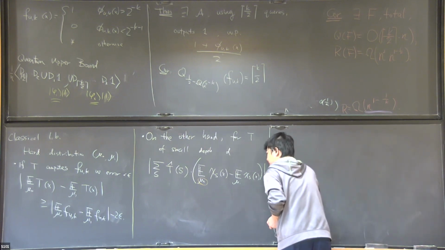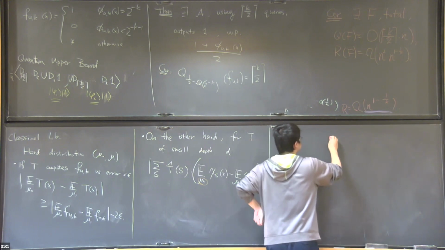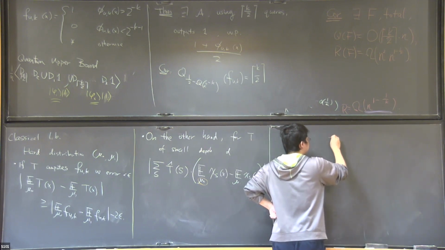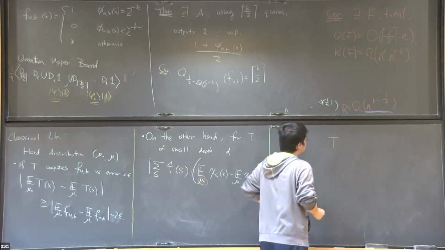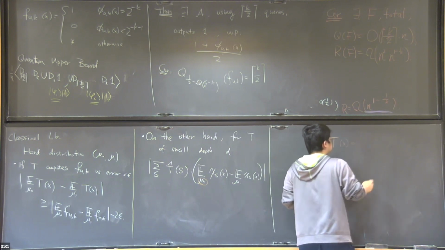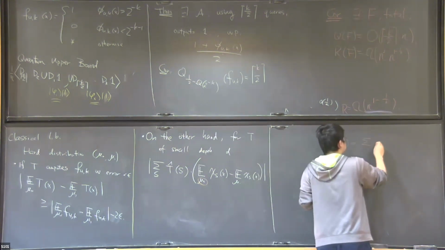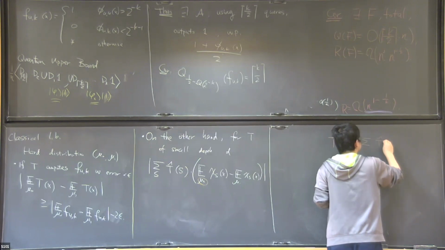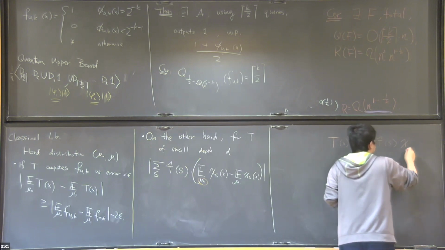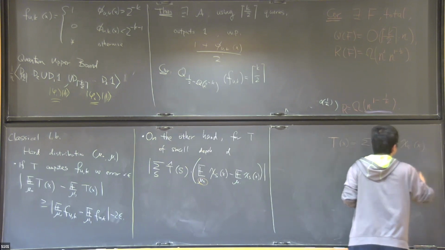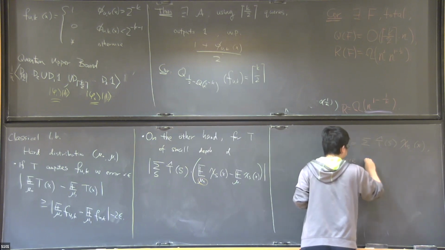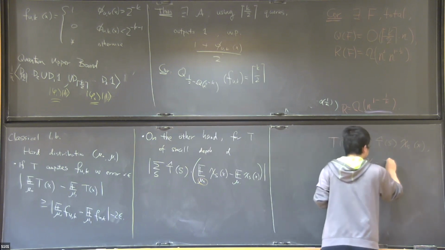Use a different color. So the Fourier transform, if you haven't seen it, says that any Boolean function can be written as a linear combination of character functions, where the character function is a product.